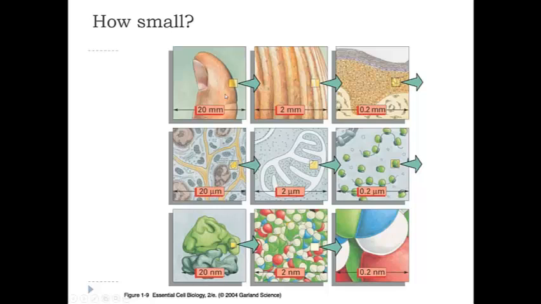So how small exactly are our cells? Well, here's a great image from your book that shows going from basically the size of your thumb, which is a little more than 20 millimeters, all the way down to the cells in your skin, to the subcellular level, so the cells in your skin being smaller than a millimeter.